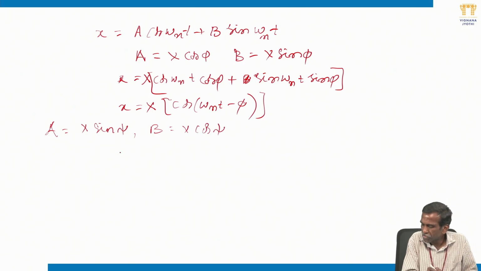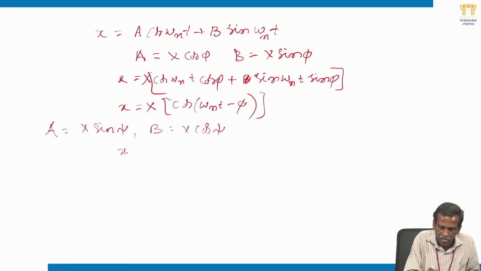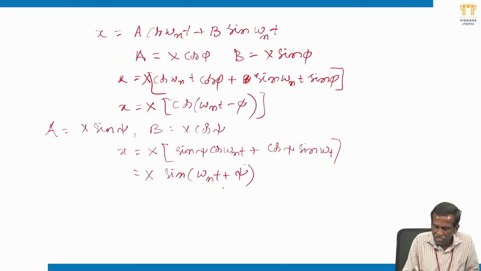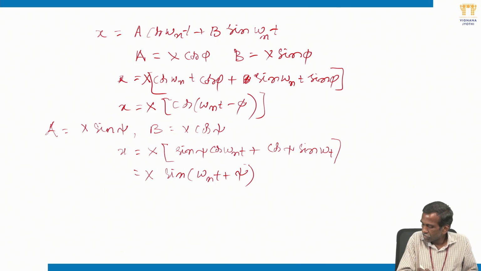If you substitute these in the equation, x equals x times sin psi cos omega nt plus cos psi sin omega nt. This equation is x sin of omega nt plus psi. So you can express it in different forms.